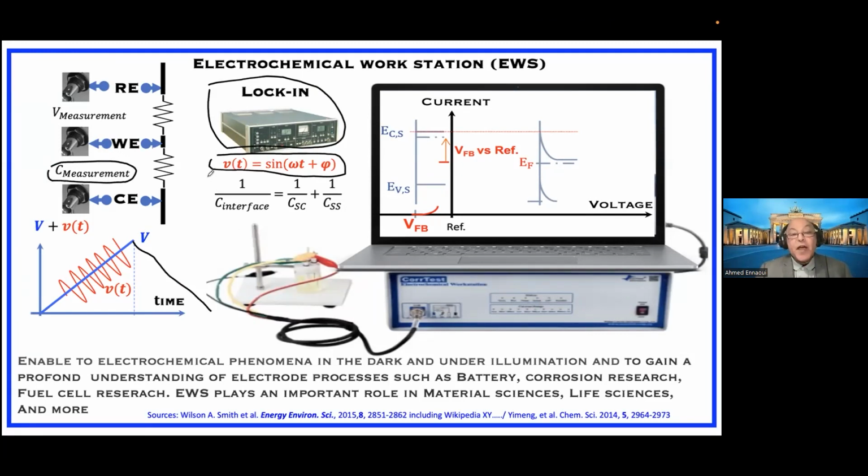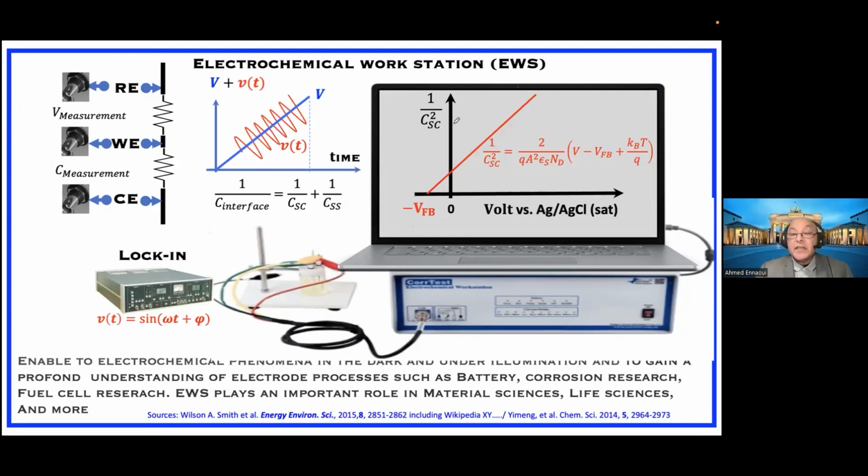The simple way to describe it is that the capacitance at the interface is the inverse of the capacitance of your space charge region. I'll draw it again here. That's the semiconductor here, and you have the space charge region here, and you can measure this capacitance with this kind of potentiostat combined with a lock-in.